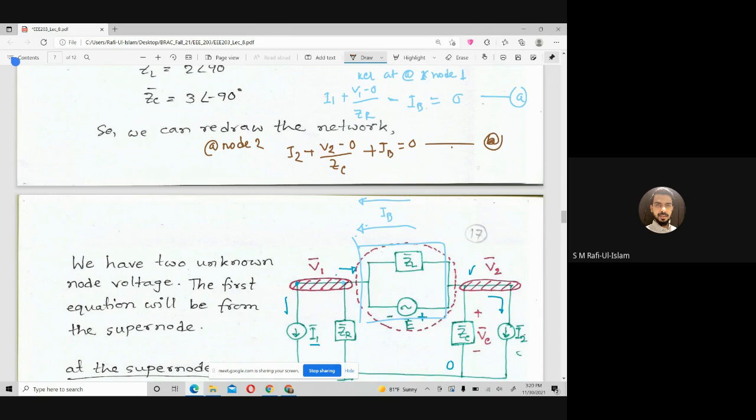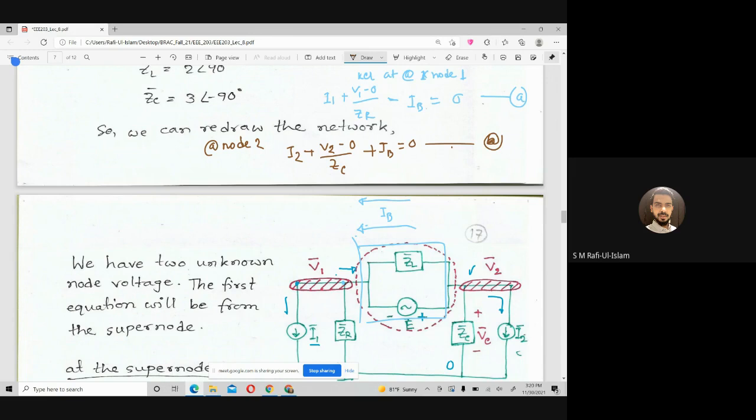If you don't understand, please ask me, I don't mind. The direction of IB current can be changed for the two equations. That's why in the beginning I asked you, since I don't know in which direction the current is flowing, what we can consider. At the beginning we can consider the current passing from left to right or right to left.